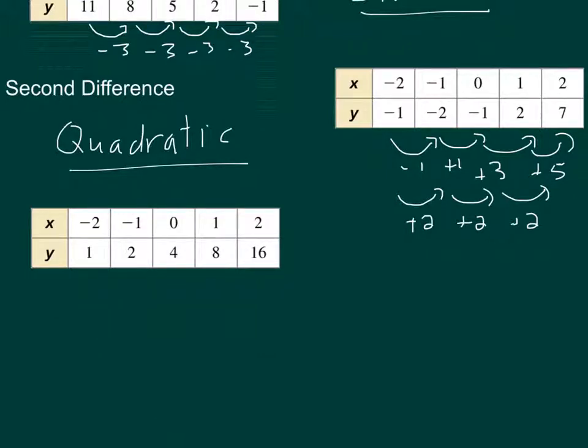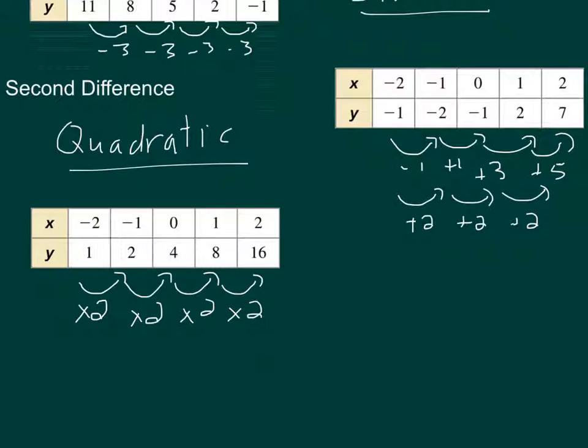One way to go from 1 to 2, instead of adding 1, would be to multiply by 2. And then the same thing is true from 2 to 4, the same thing is true from 4 to 8, and the same thing is true from 8 to 16. Each time I'm multiplying by 2.